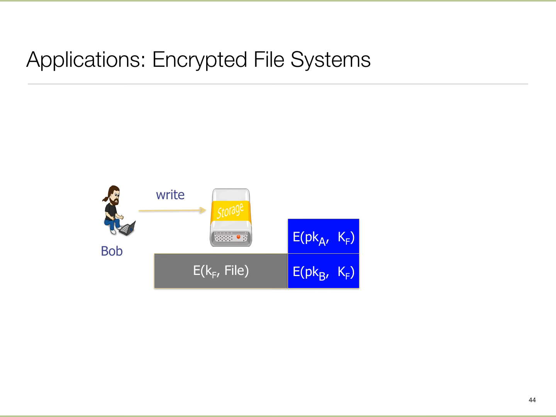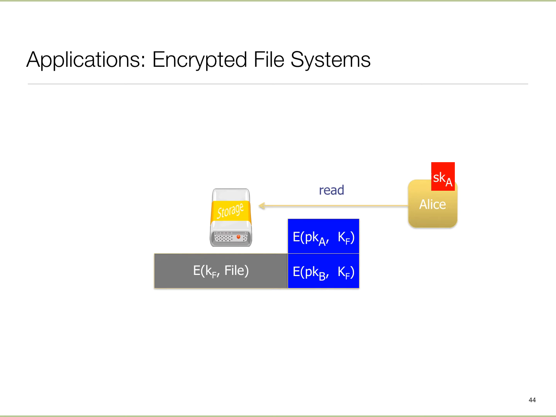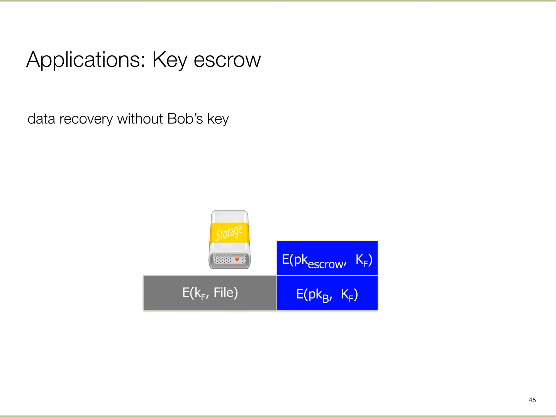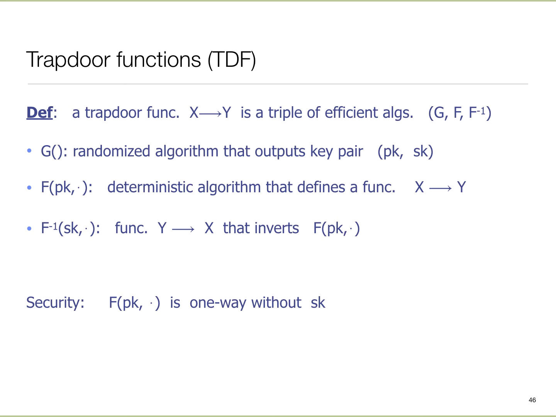If you want to send me something, I can publicize my public key, and you encrypt the hard drive using that, and then you can hand it over to some other party. So encrypted file systems end up using that. I'm going to skip these examples. There are many, and we'll see later.